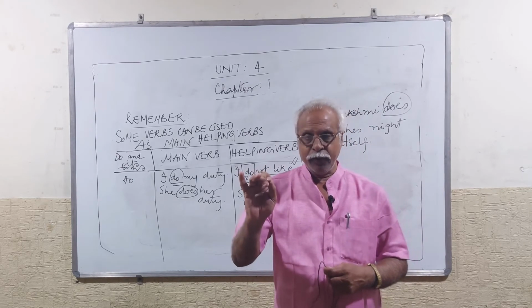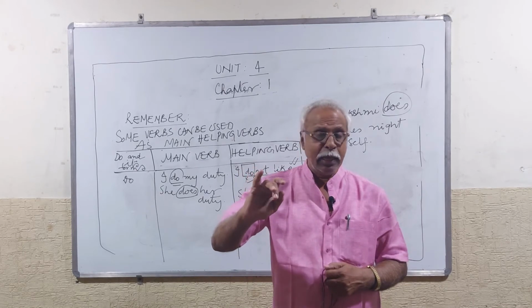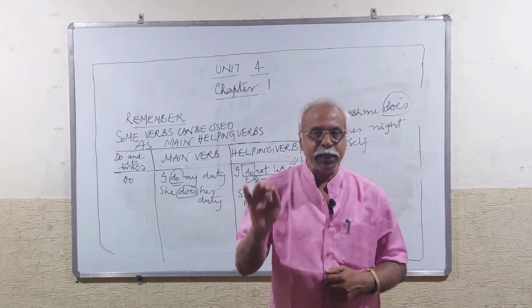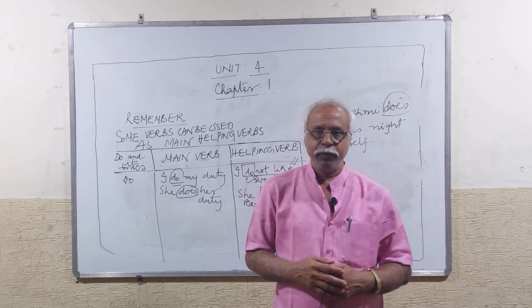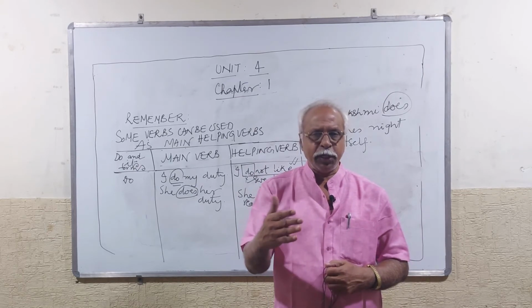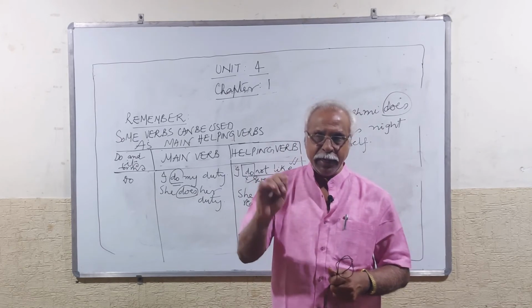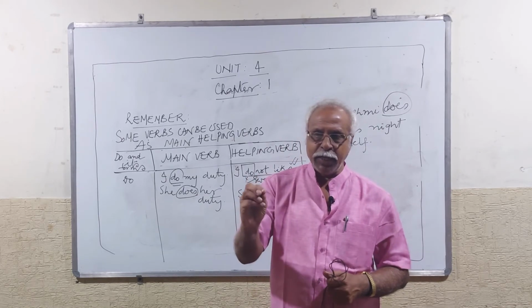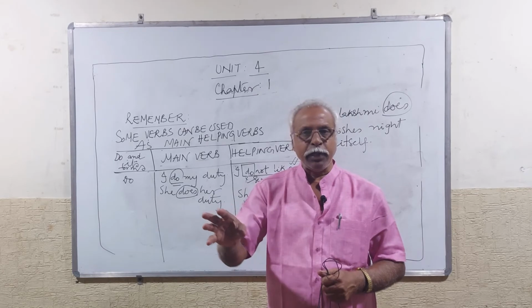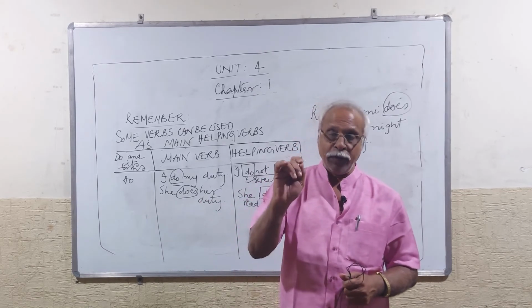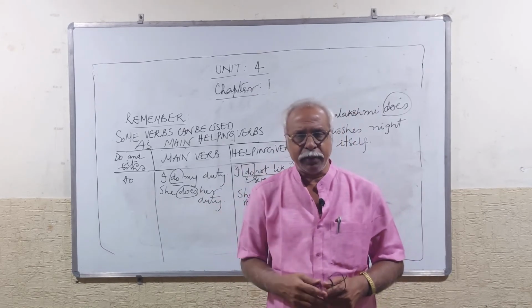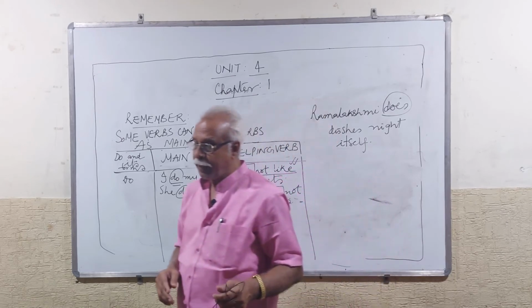My wife Ramalakshmi does a lot of writing. That means she is a writer. She writes different genres. Instead of saying my wife writes many short stories, you can use this expression. Am I clear? Next.